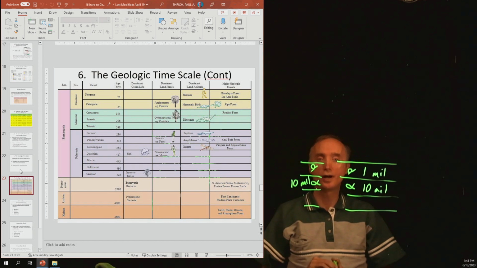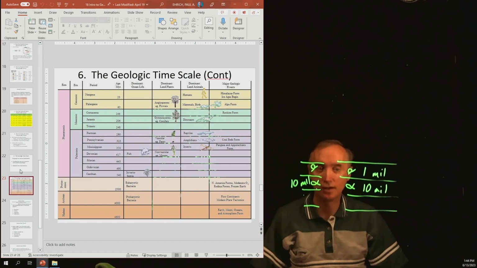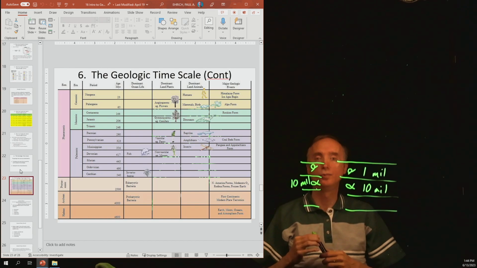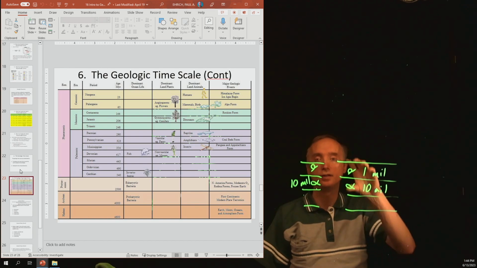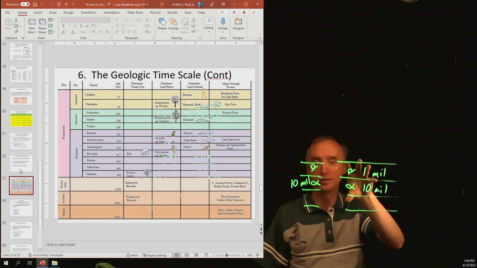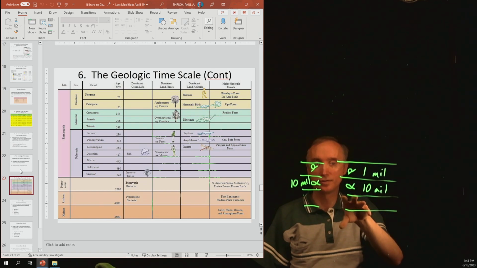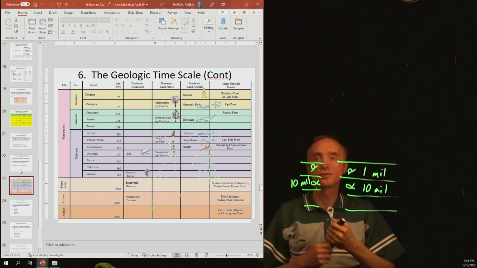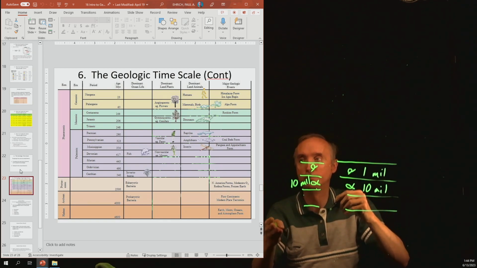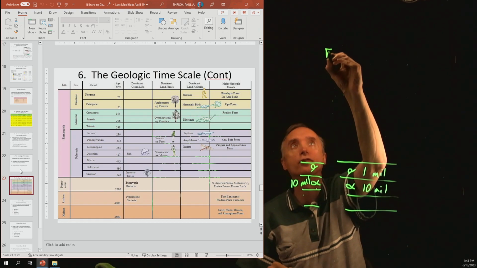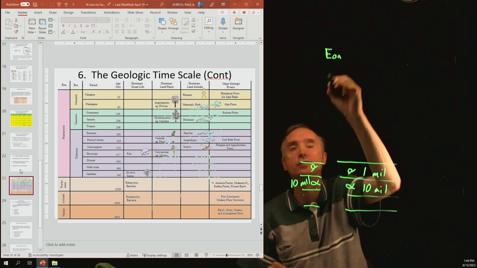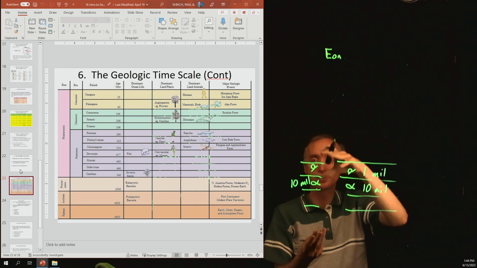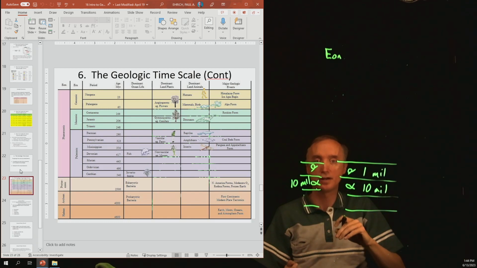Okay, so what would I want you to know for the exam? I would want you to know the major parts of the geological time scale and what happened during those major geological times. The first column on there is going to be referred to as an eon. Those are the broadest categories in the geological time scale.